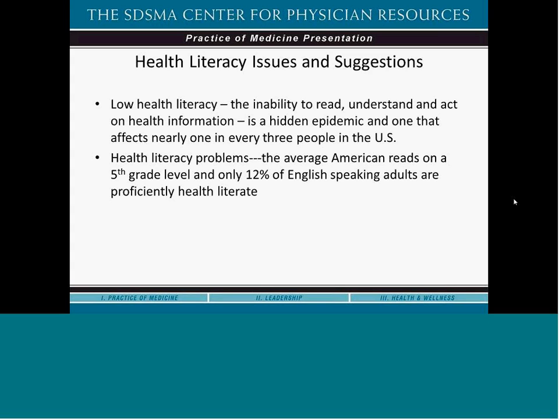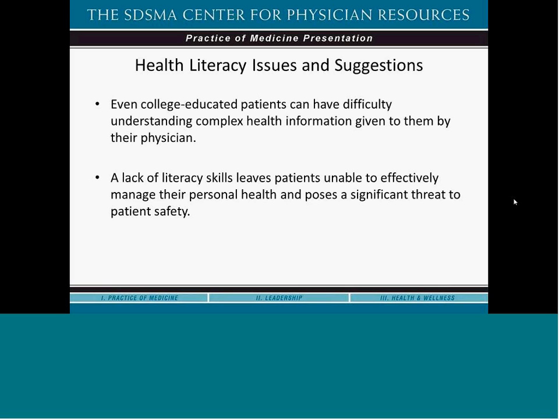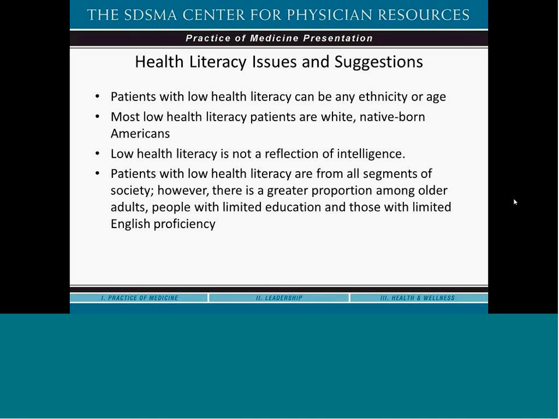So these statistics are quite staggering, but this is what we face on a daily basis in medicine. Even college-educated patients have difficulty understanding complex health information given them by physicians, and lack of literacy skills leaves patients unable to effectively manage their personal health, which poses a significant threat to patient safety. So some suggestions.